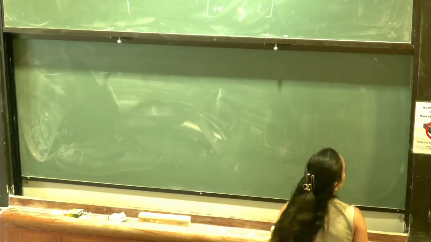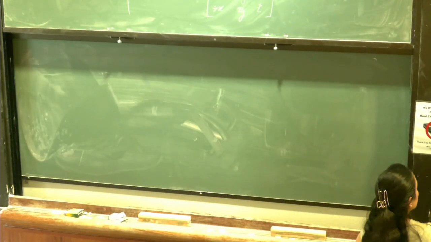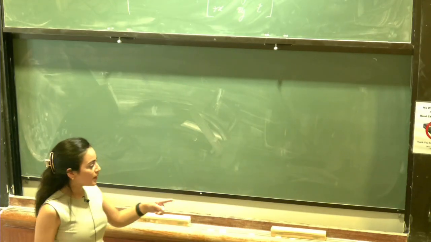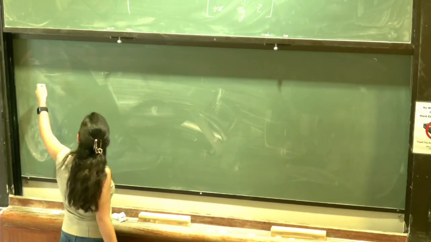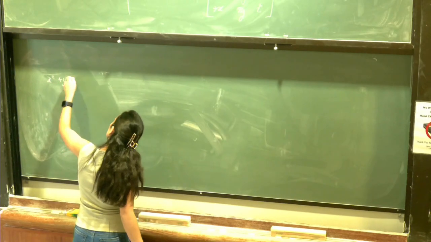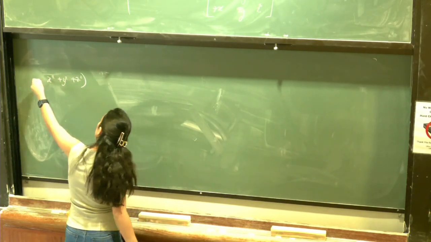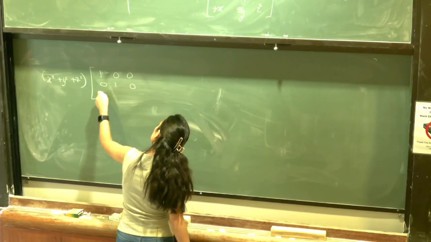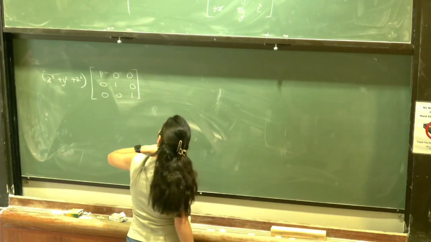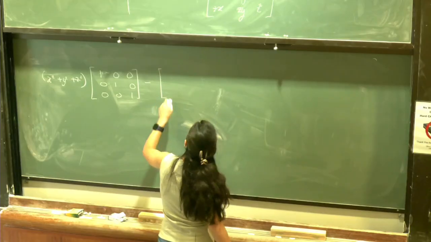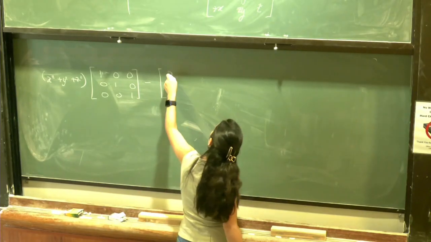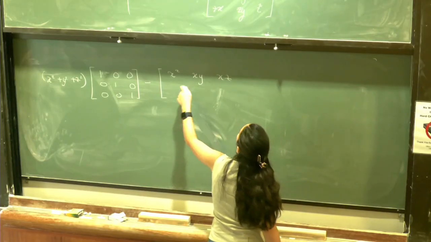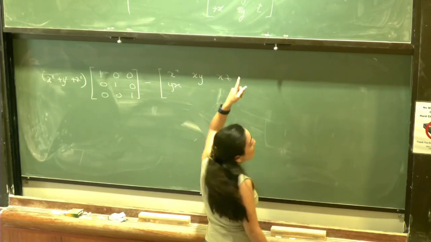So then (r minus r_c) times the identity minus (r minus r_c) bond (r minus r_c) is going to be x squared plus y squared plus z squared times the identity 1 0 0, 0 1 0, 0 0 1, minus this matrix. It is a symmetric matrix, right?